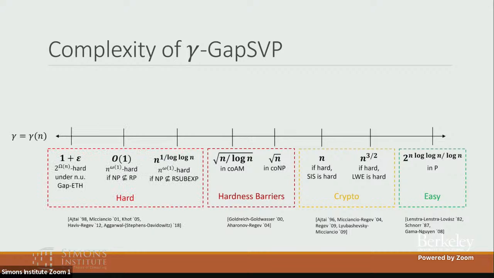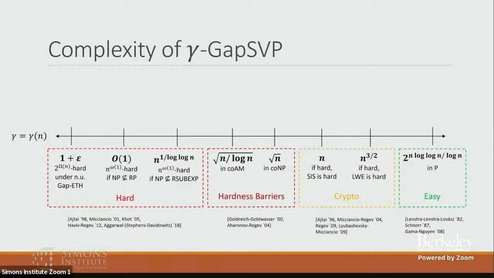And then the focus of this talk, what I like to think about a lot, is the hard regime, when we do have provable hardness under standard complexity assumptions. This got kicked off in the 90s when Ajtai showed that exact SVP is NP hard.